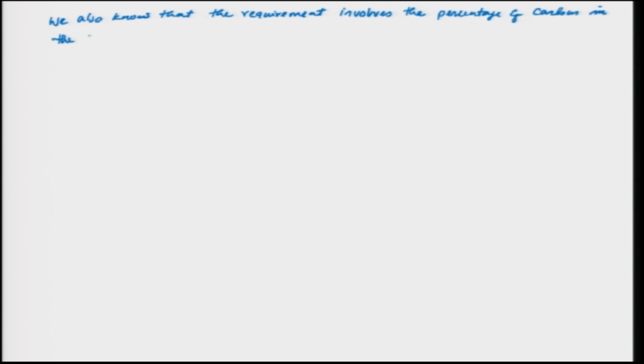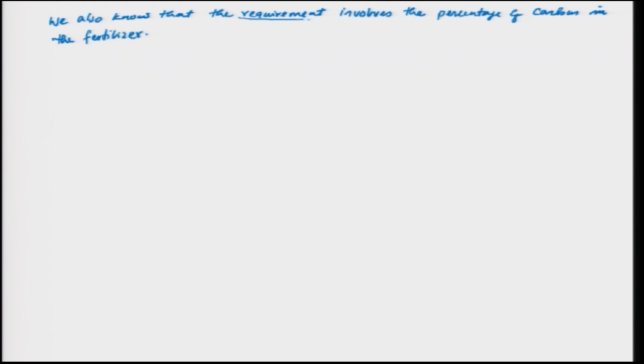we also know that the requirement involves the percentage of carbon in the fertilizer. Okay.